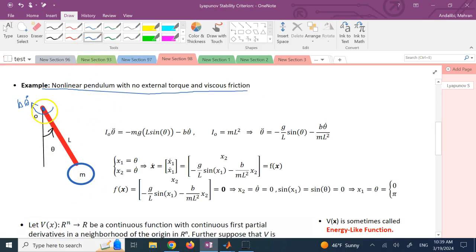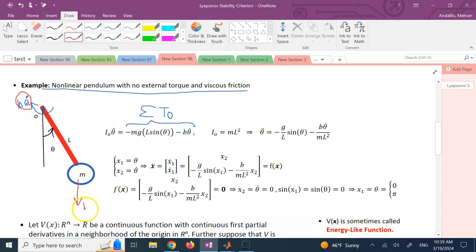If you write the equation of motion about point O, the sum of the torques about point O is going to be equal to I about point O times theta double dot, or alpha. The only torques that you have are negative b theta dot, plus this mg.